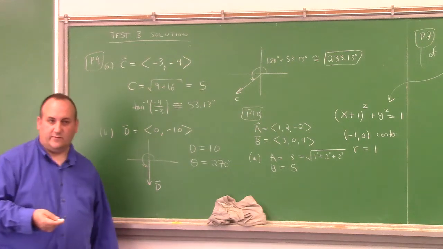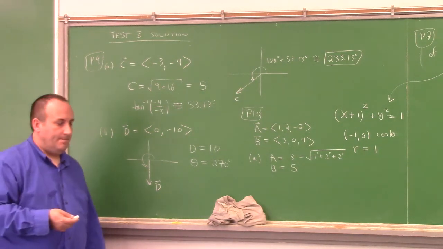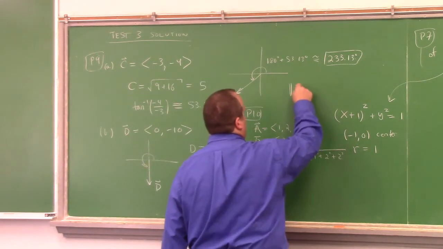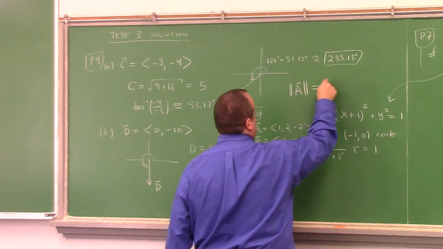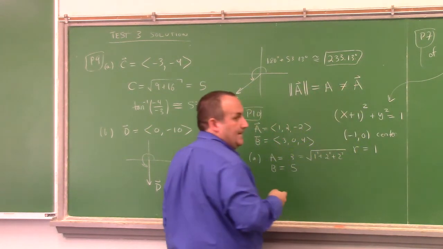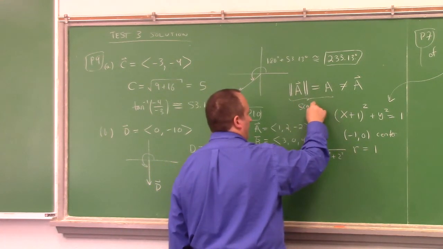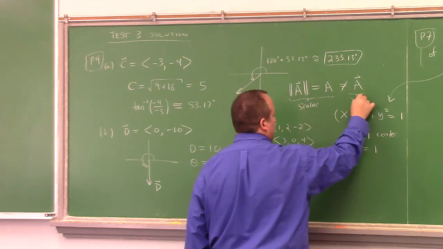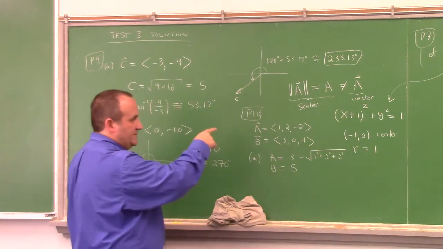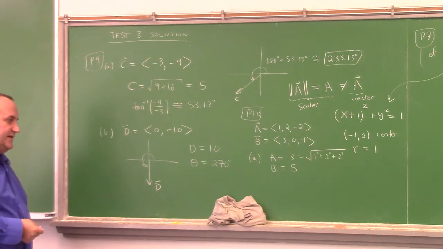And then the second one is the square root of 3 squared plus 0 squared plus 4 squared, which is square root of 25, yeah. What are the 2 bars you put on mine? You put 2 bars on A. So this is that, which is not equal to this. These are scalars. This is a vector. And only in one dimension can those be the same. So when I drop the vector, it's the magnitude. That's the standard physics notation.